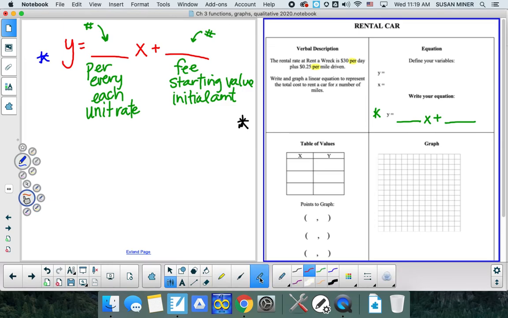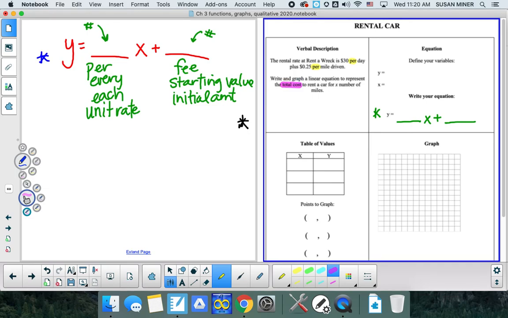So the next thing that I do is I read the rest of the directions, and I try and figure out what exactly I'm looking to find out. What is it asking me to find out? This says, write and graph the equation to represent total cost. Oh, I want that to be a highlighter here. Sorry.